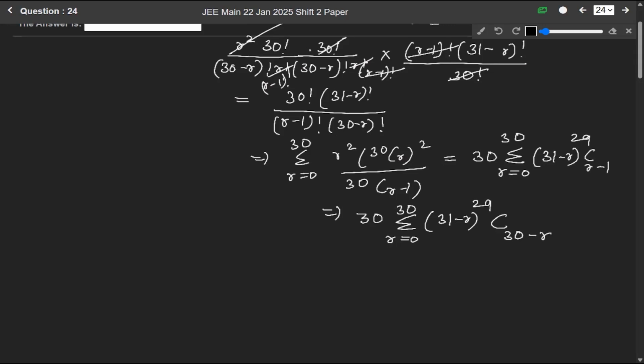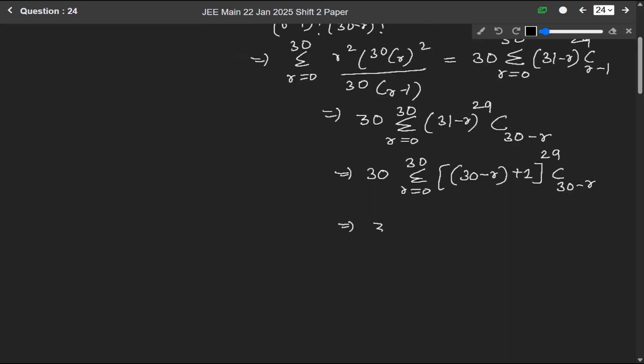Now it will be equal to 30 times the sum over r equals 0 to 30, and this can be written as (30 minus r plus 1) 29C(30 minus r).